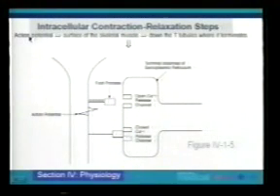Now, we're starting at the point where the action potential is generated at the neuromuscular junction. And once you generate the action potential, this action potential not only spreads across the surface of the skeletal muscle membrane, you also have to know the action potential will spread down the T-tubules, but this is where it terminates.